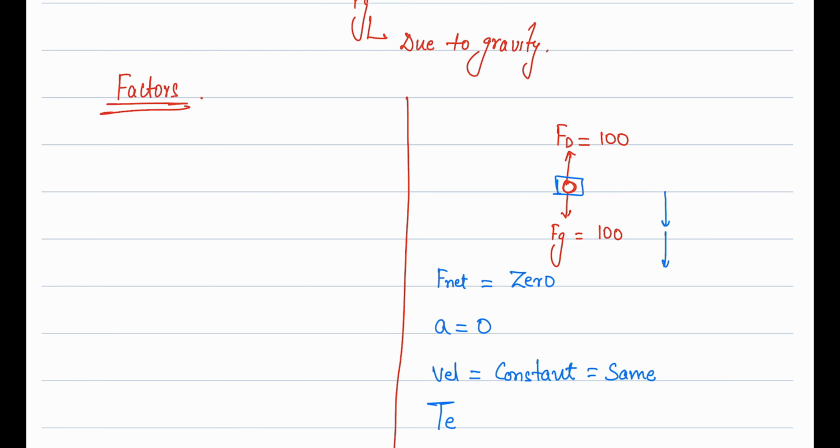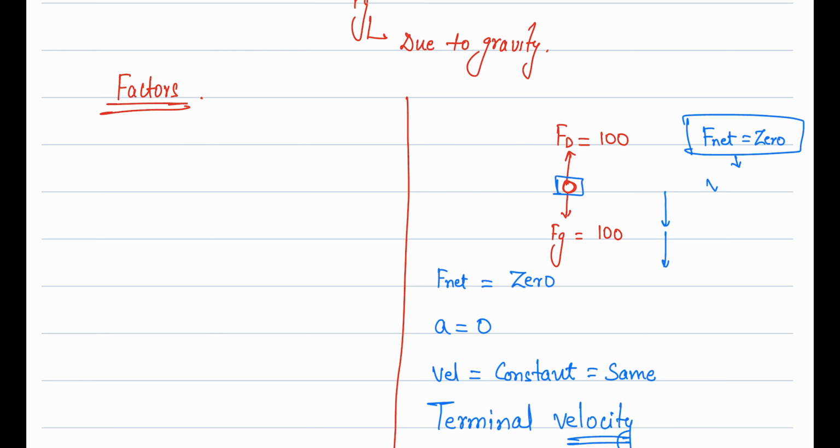This velocity is called terminal velocity. So what is the meaning of terminal velocity? You will say when F net is equal to 0, then the velocity acquired is called terminal velocity. Do you understand? Sure. Okay.